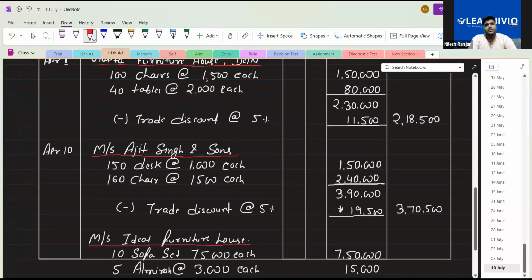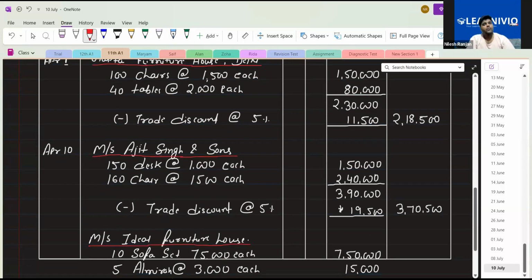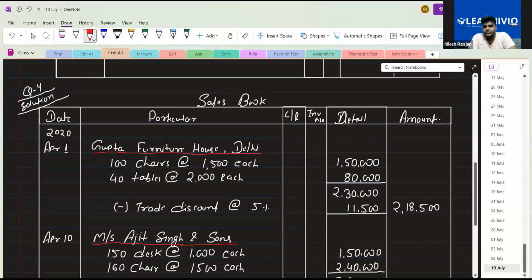Now, after writing the business name, we write the item detail. 100 chairs at the rate 1,500 each, 40 tables at the rate 2,000 each, 150 desk at the rate 1,000. So we will write item detail. Many items can be given, and we will calculate the total amount of each in detail column.